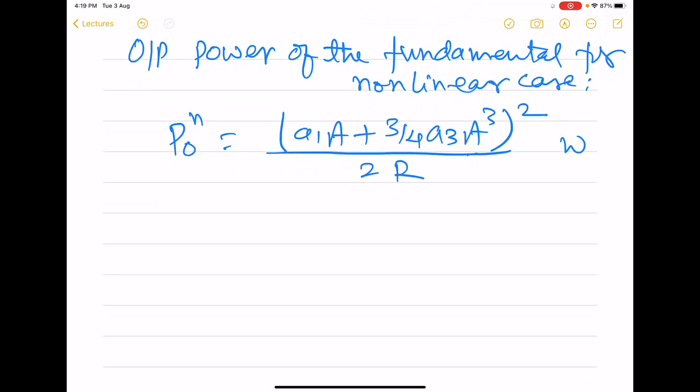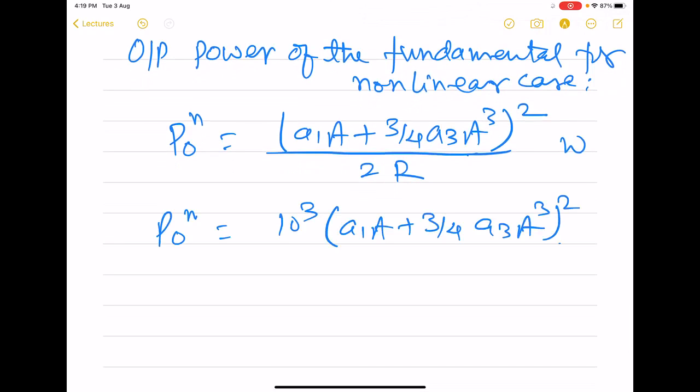Now we have to convert this into dBm. So first we will convert this into milliwatt. So this becomes 10 raised to power 3 times (a1A plus 3 by 4 a3 A cube) whole square divided by 2R milliwatt.